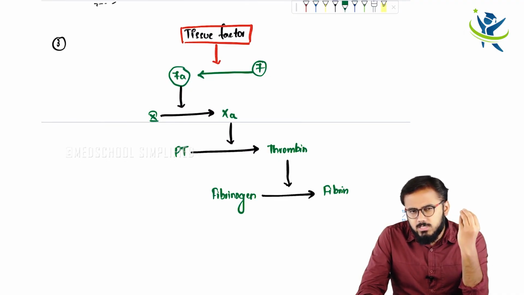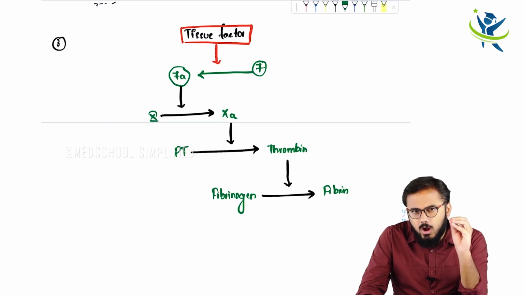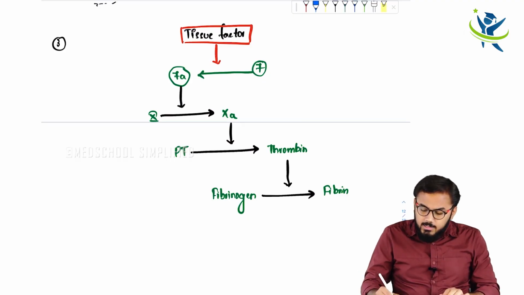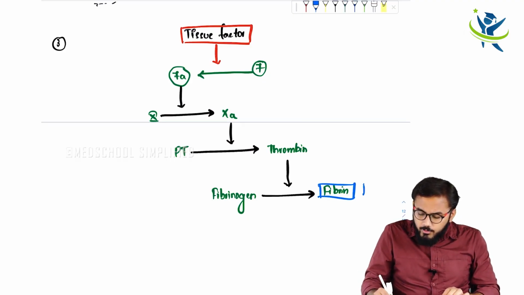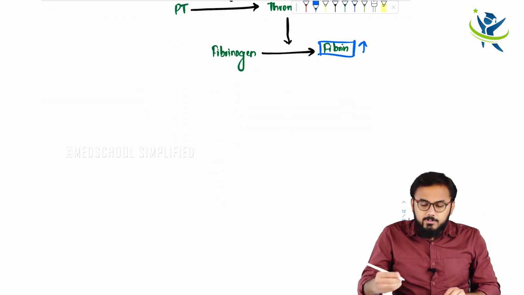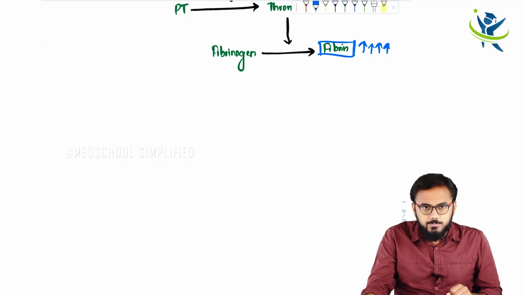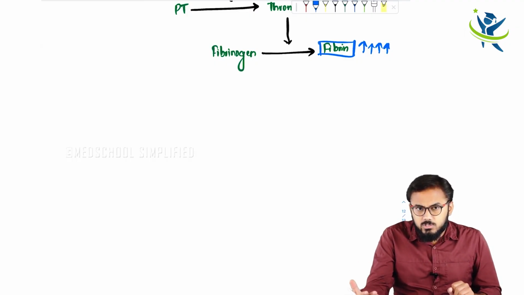If I produce some type of toxin and I start activating this tissue factor a lot, then what will happen? The more I activate the tissue factor, the more and more fibrin is released. So what will happen when there is increased concentration of fibrin?